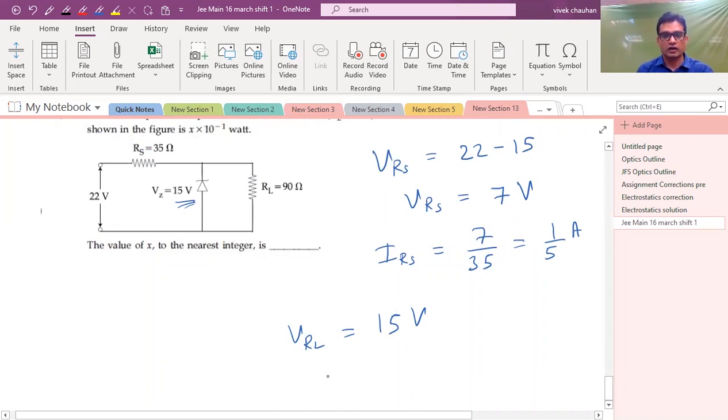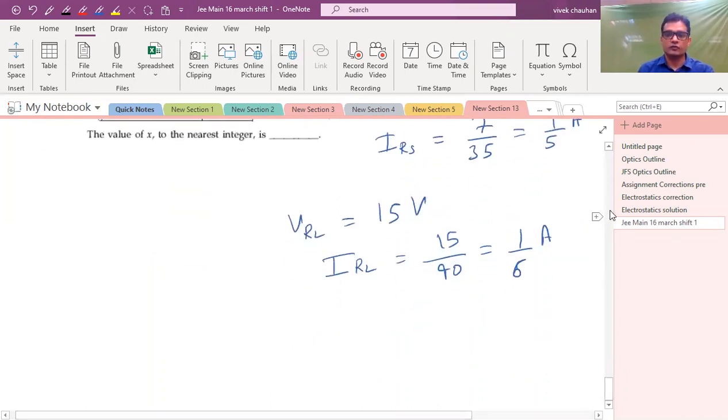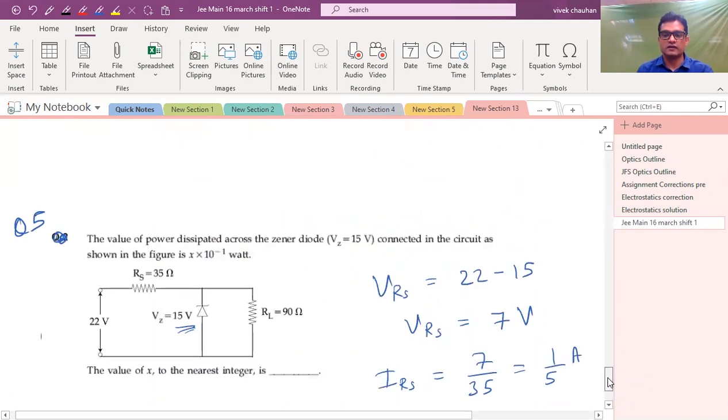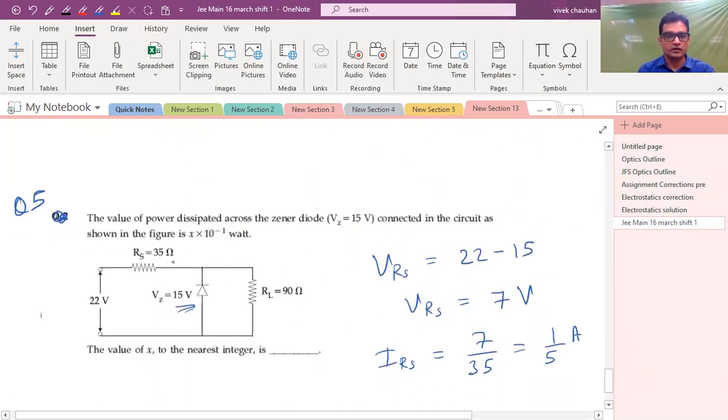So here I can calculate the current through RL, which will be equal to 15 upon 90, which is 1 upon 6 ampere. So from here we can say that 1 by 5 ampere is coming and 1 by 6 ampere is going inside RL.